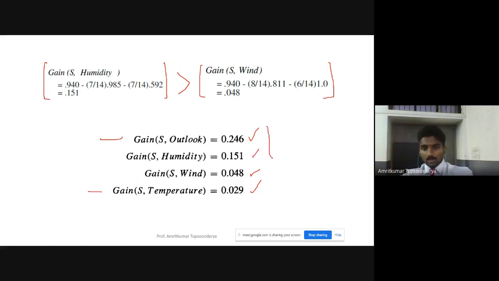So amongst the information gain for all four attributes, Outlook, Humidity, Wind, and Temperature, you can clearly make out that the information gain provided by Outlook is higher than all the other attributes. So it is quite evident that Outlook is our best classifier.